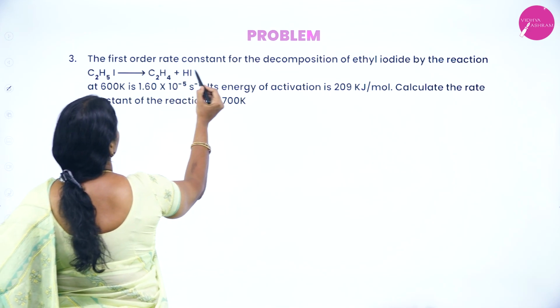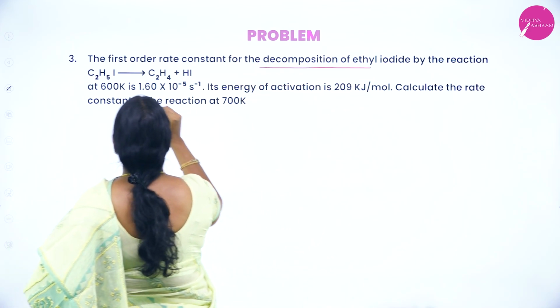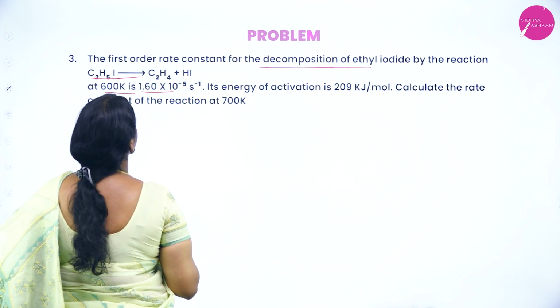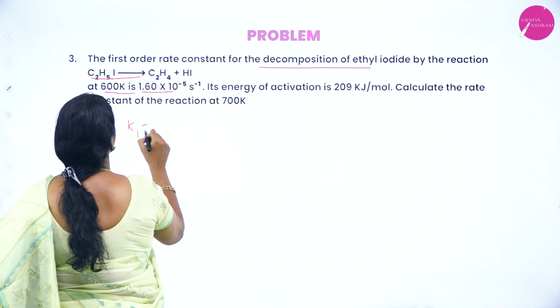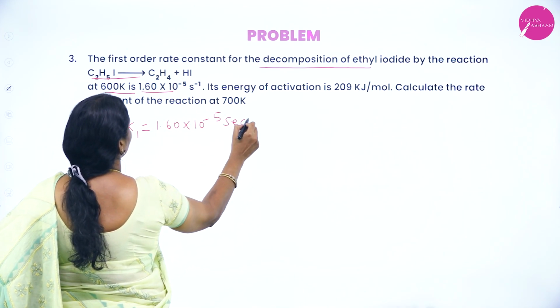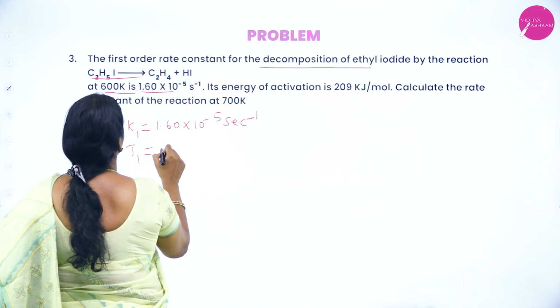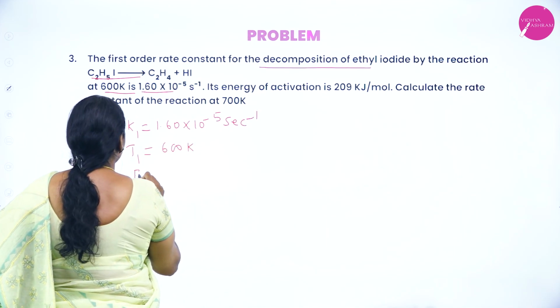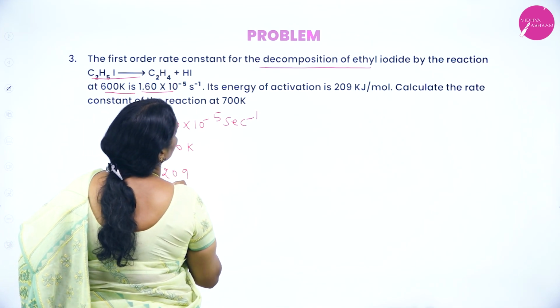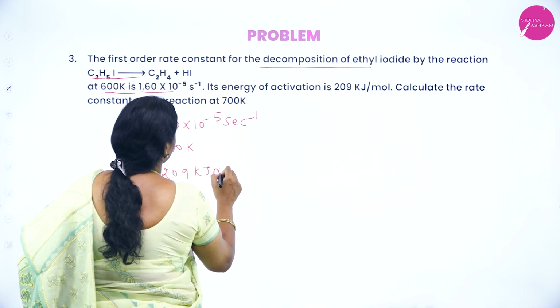The first order rate constant for the decomposition of ethyl iodide by the reaction at 600 Kelvin is 1.60 into 10 to the power of minus 5 per second. Therefore, K1 is 1.60 into 10 to the power of minus 5 per second at temperature T1, 600 Kelvin. EA is 209 kilojoule per mole.